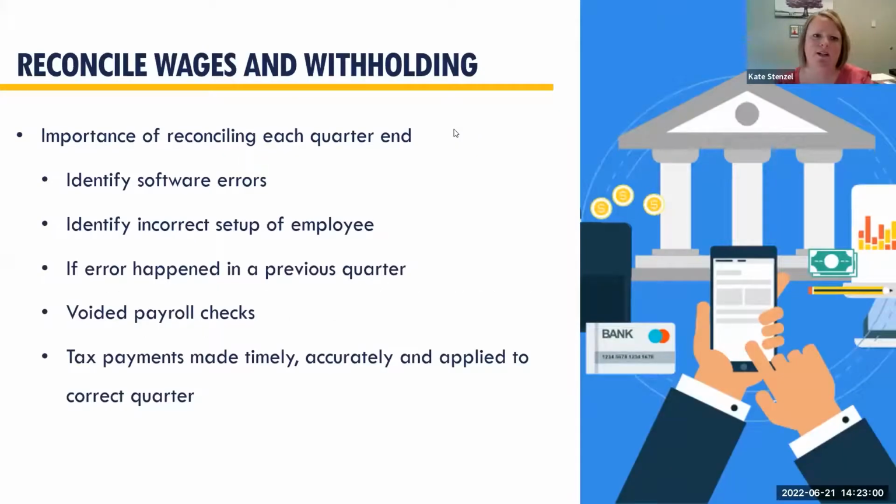All right, so reconciling wages and withholding. The importance of reconciling each quarter end is to identify software errors. Make sure you have the correct rates and the wage basis, especially before you run that first paycheck of the year. One that came up that we assisted with: the Social Security limit for a client was not put in correctly. The wage base is 147,000 for 2022.